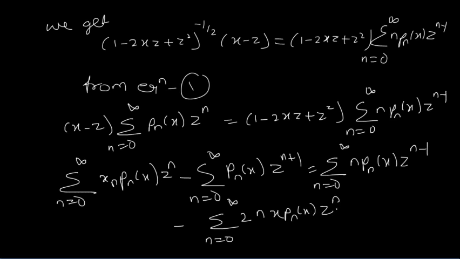Next plus summation from n is equal to 0 to infinity, this into this, so n into Pn of x z square into z raised to n minus 1, so minus 1 plus 2, it becomes plus 1, so z raised to n plus 1. So after multiplication and simplifying we get this equation.